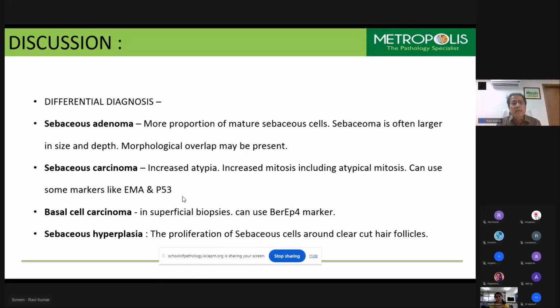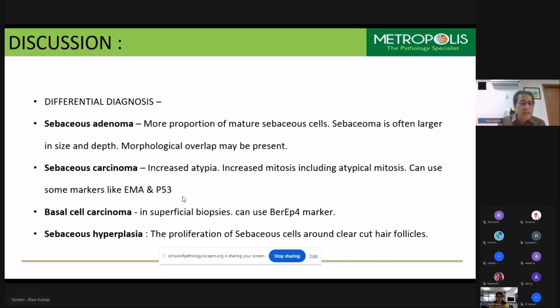Sebaceoma is often larger in size and depth, and morphologically an overlap may be present at times. So that's how we differentiate between sebaceous adenoma and sebaceoma. In sebaceous adenoma, what do you see? More mature sebaceous cells, a greater number of mature cells than the immature basaloid cells seen in the sebaceoma. That's number one.